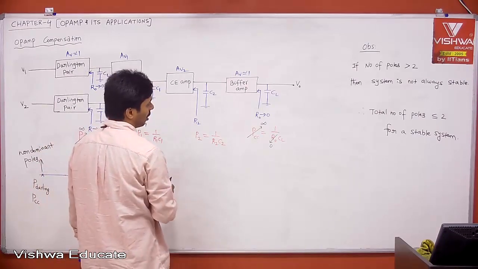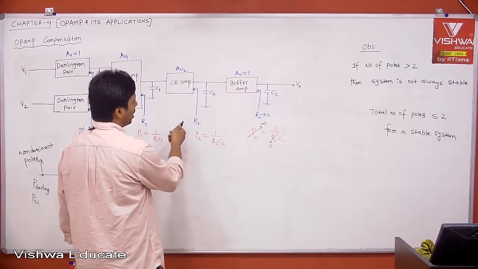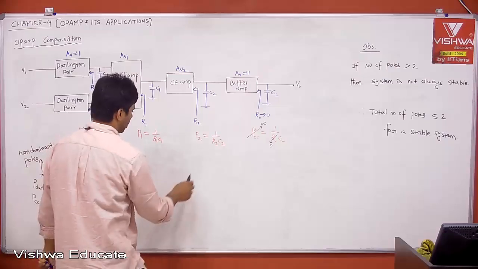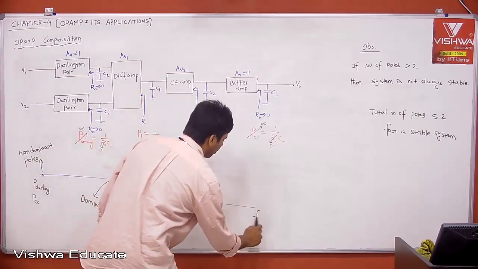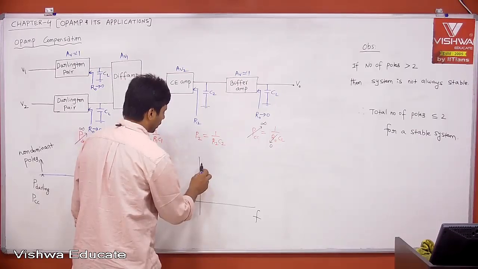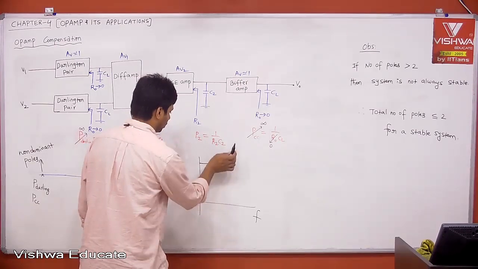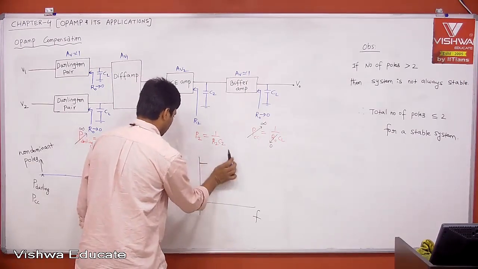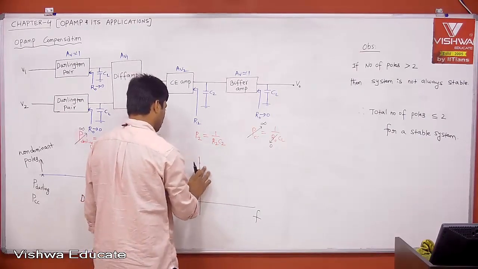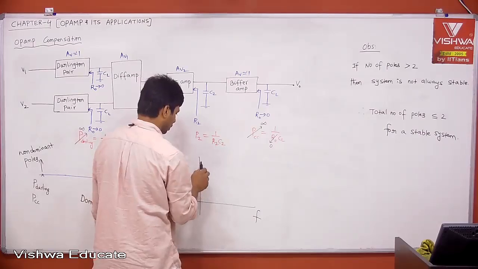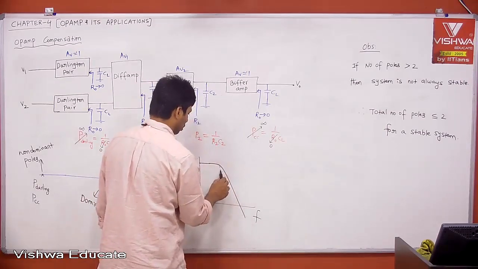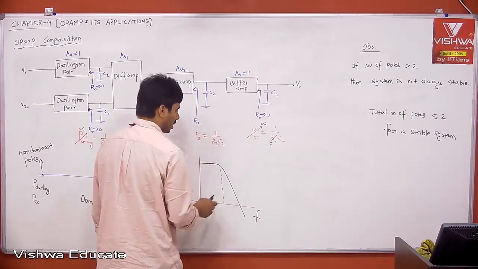If you ask me the frequency response of this, the frequency response of your open loop amplifier, because there are 2 poles, your gain is high until then, but there are 2 poles, a Bode plot basically.